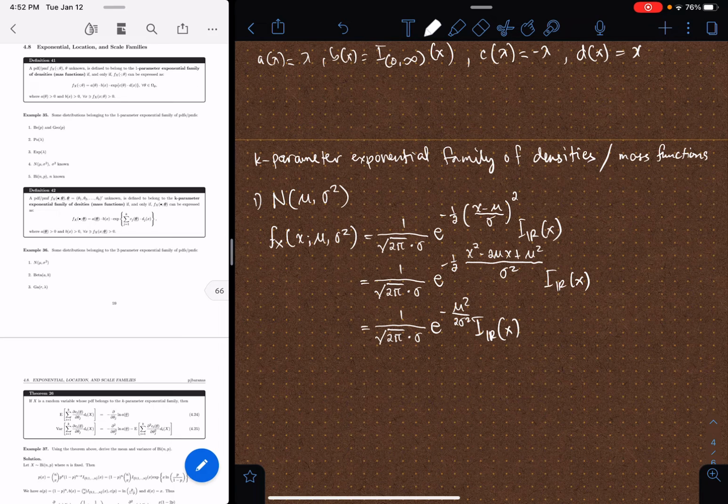Tapos we have e to the negative 1/2 of x squared over sigma squared minus, ito na lang kasi may iwan, di ba?